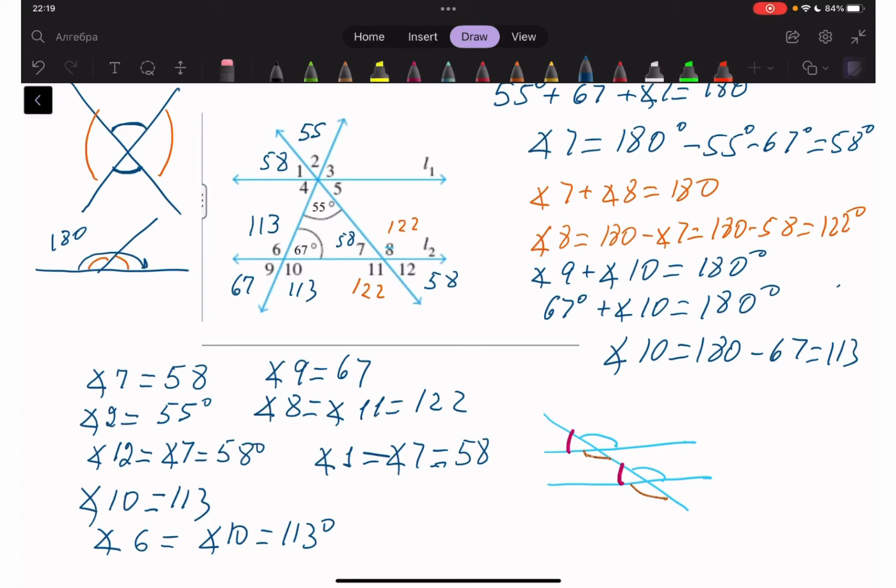So let me see, this angle and this angle generate these two angles that are equal, right? So which means angle 1, let me show you, angle 1, here it is, is equal to angle 5, right? So if angle 1 is 58 degrees, that means angle 5 is also 58 degrees. So angle 5 is equal angle 1 and is equal 58 degrees. Okay.